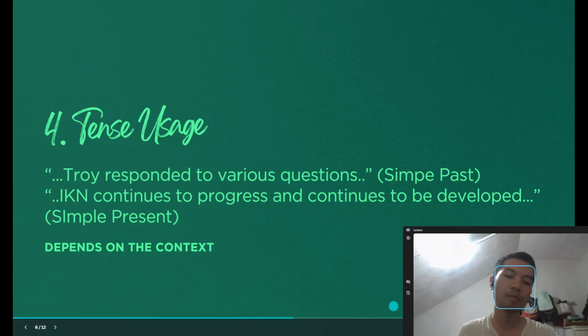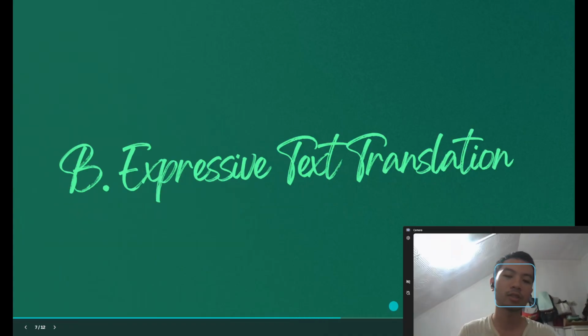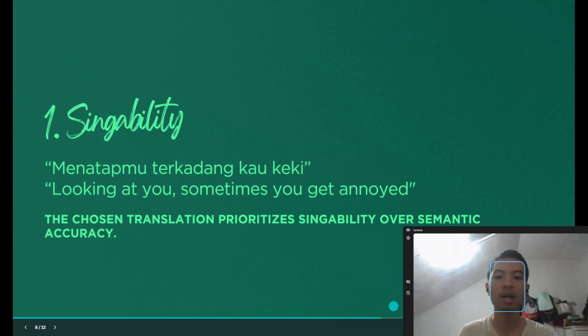That's why my first point is about singability. Here, I choose the source language "menatapmu terkadang kau keki" to "looking at you sometimes you get annoyed." Why I choose this?